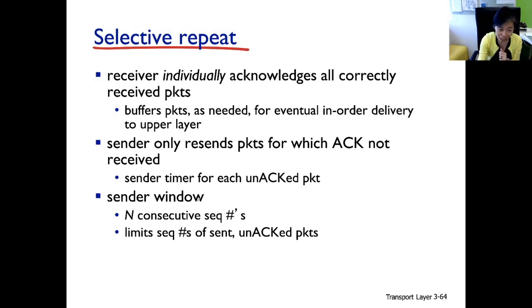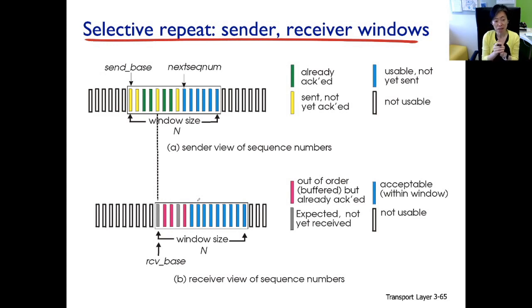The reason that I'm saying you need to be careful is because of this. From the base to N plus base, yes, there are yellow packets, and after the yellow packets, the blue packets. In Go-Back-N, there are just going to be yellow and blue. So the maximum number of yellow packets will be N.